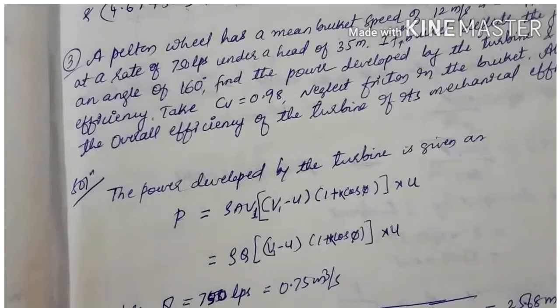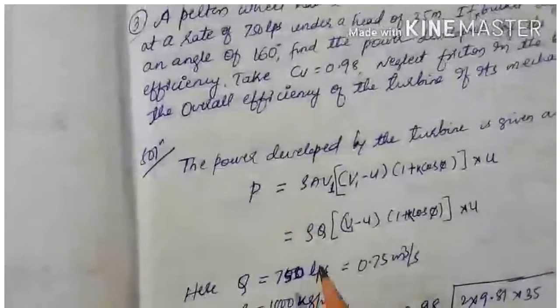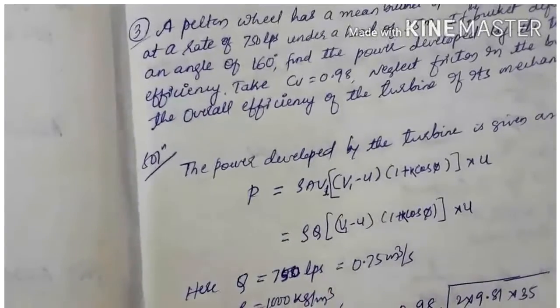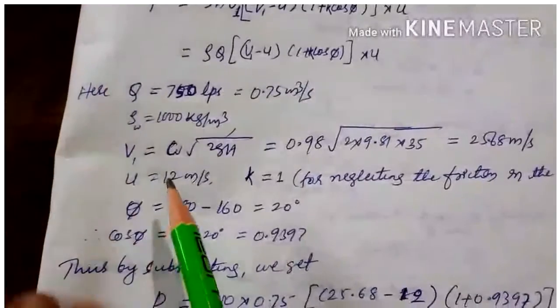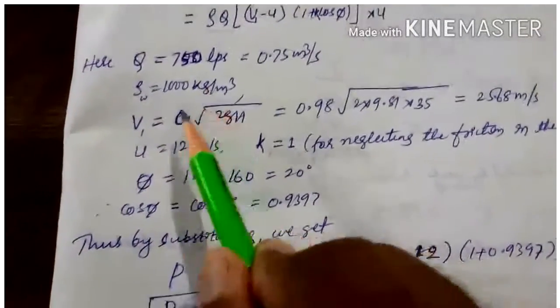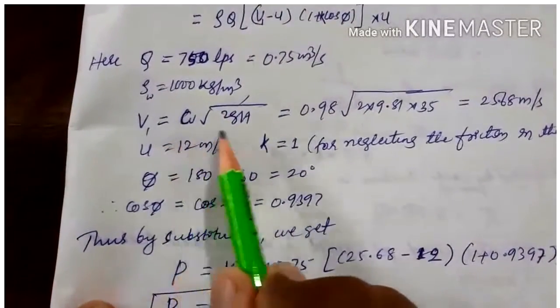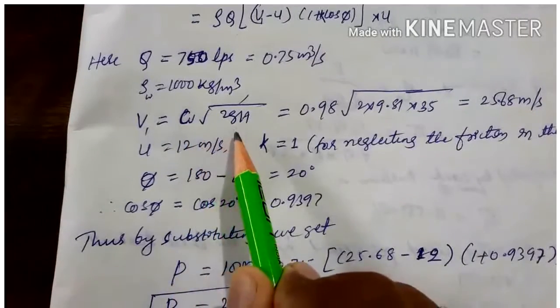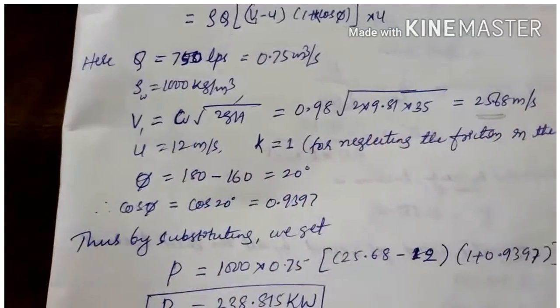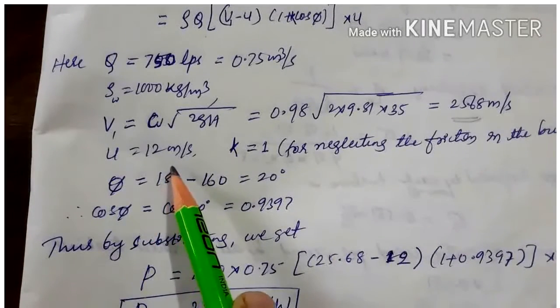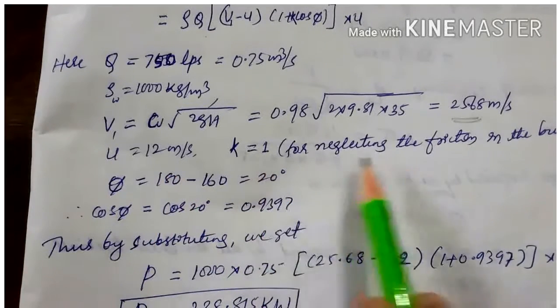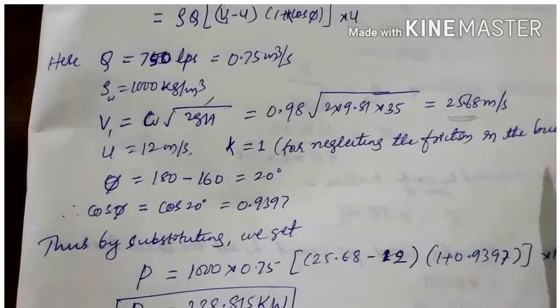Q is given here as 750 lps, that is 0.75 meter cube per second, and the density of water is 1000 kg per meter cube. Then the velocity of the jet can be calculated as Cv into root of 2gh. Then we get 25.68. The velocity of the bucket is given as 12 meter per second, and take k value as 1 for neglecting the friction in the buckets.